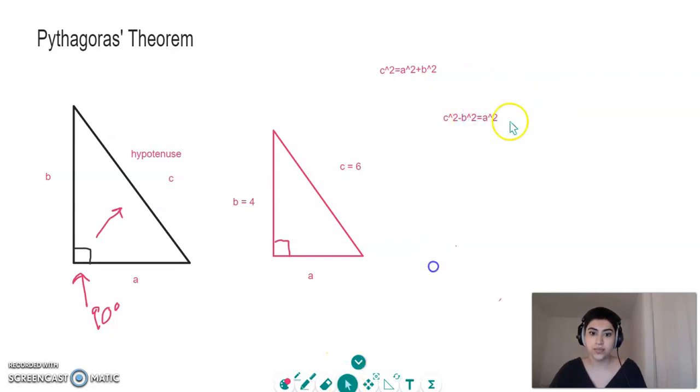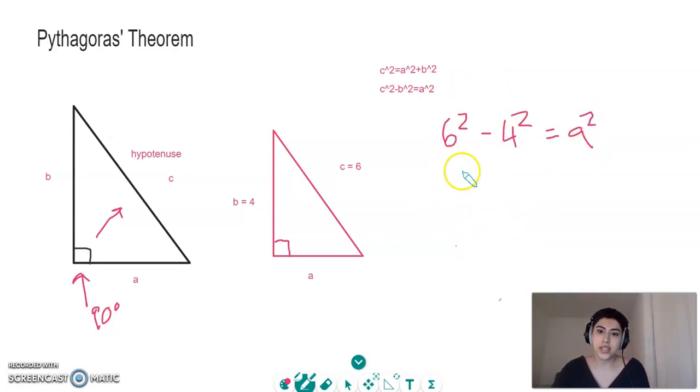So using that rearrangement, let's try to solve this equation. So we have C, which equals 6, so 6 squared take away B squared, which is 4 squared, and then we'll be left with A squared.